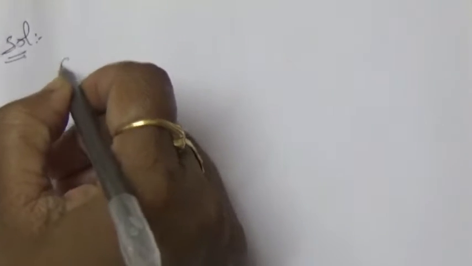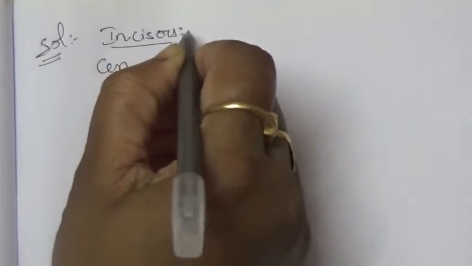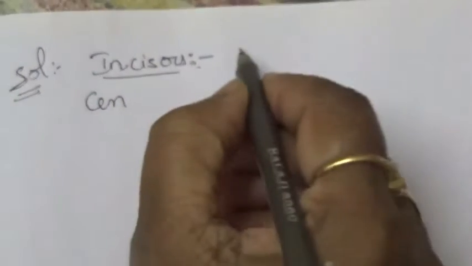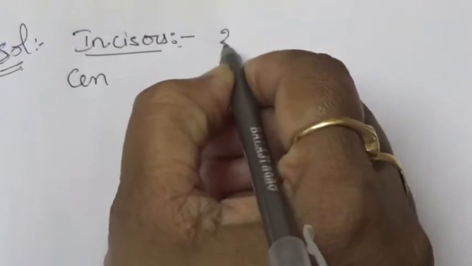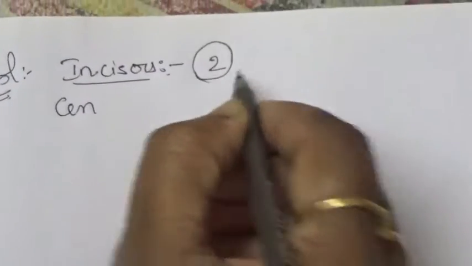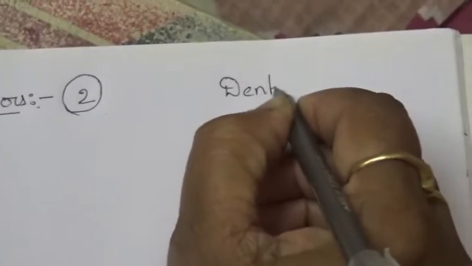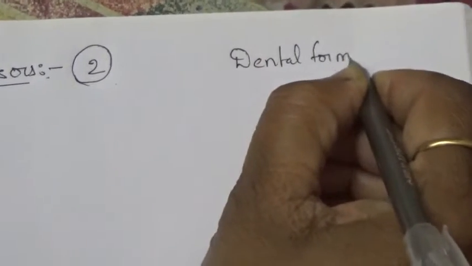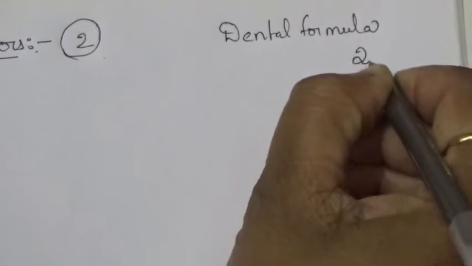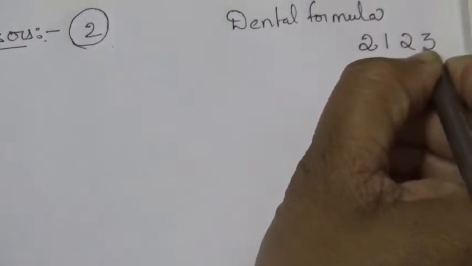First of all, I'll explain about the central incisors. What is the number for the incisors? That is 2, right? So the dental formula you have to remember is 2 1 2 3, right?